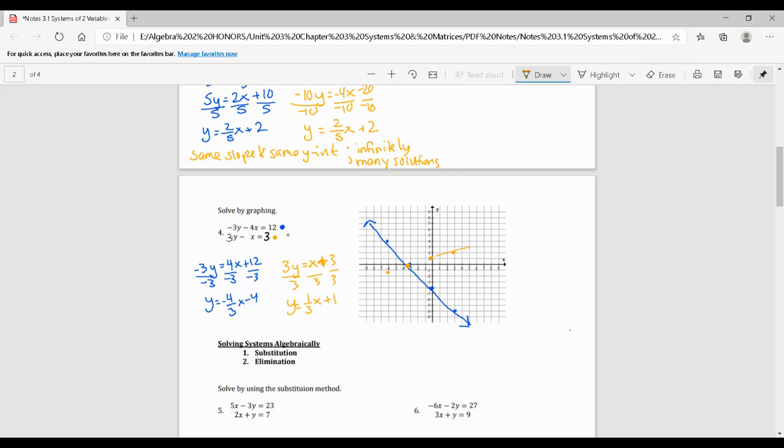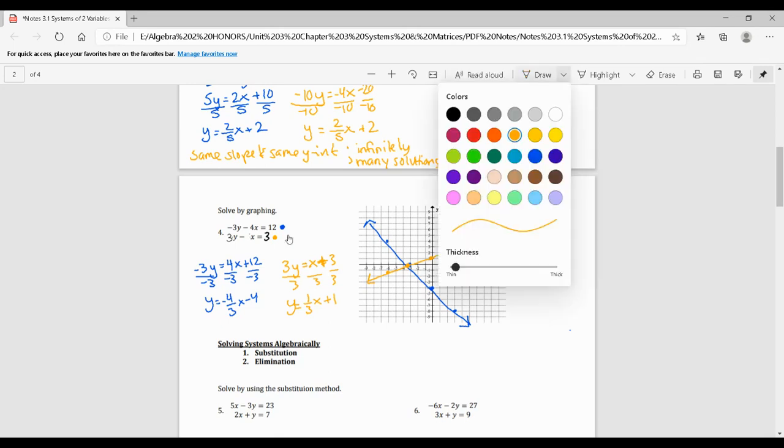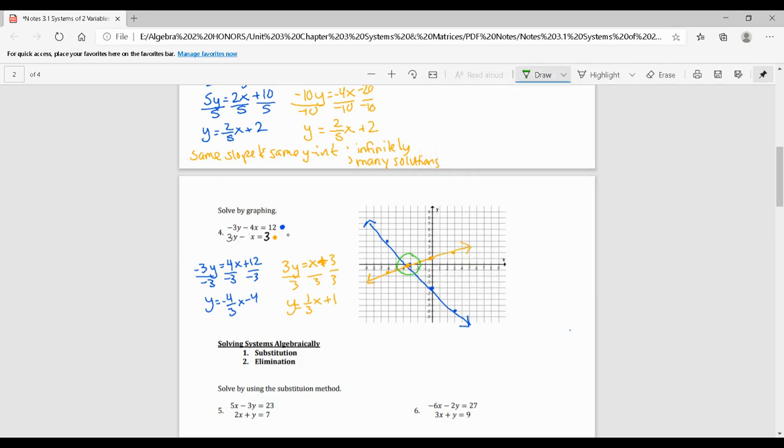And we can see here that these lines are intersecting. So the solution is that intersection point, which I'll highlight in green. So we always state our solution as an ordered pair. So the solution is (-3, 0).